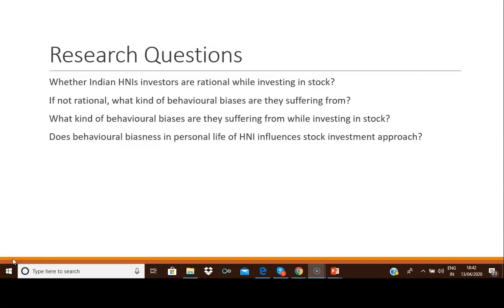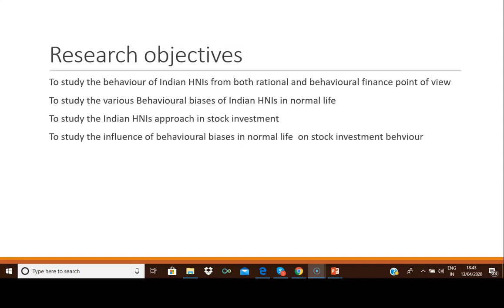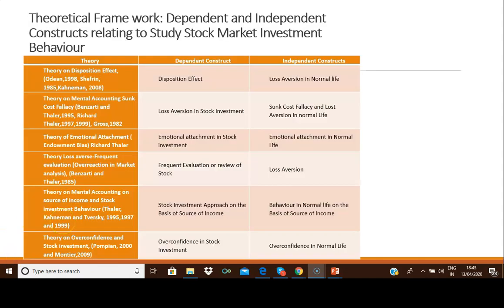On the basis of research gap and research problems, he framed the research questions for this investment research. So on the basis of research gap, research problem, research question, he framed the research objectives. Then he identified the theoretical framework before designing the research model, the papers, the dependent and independent constructs and their relationship.